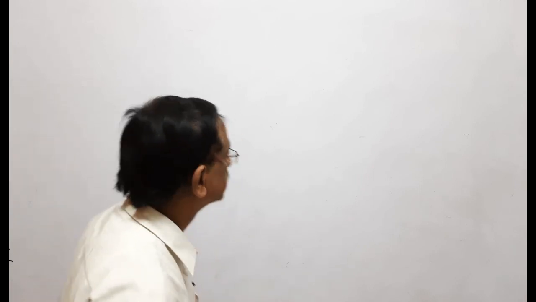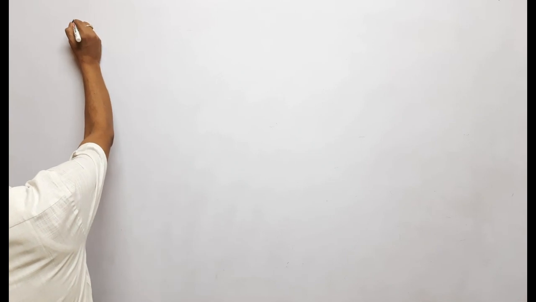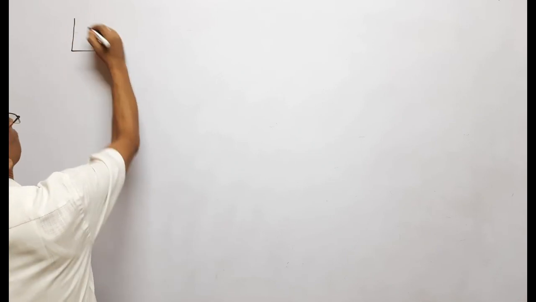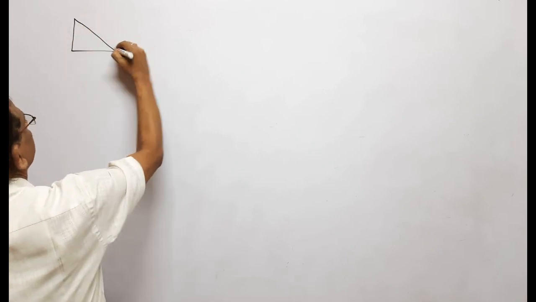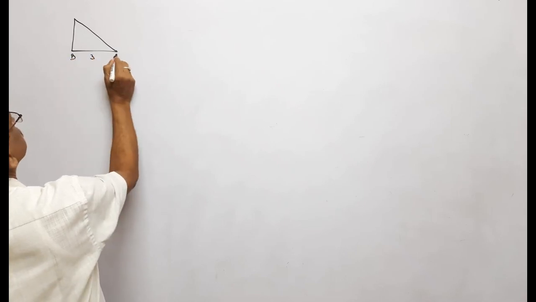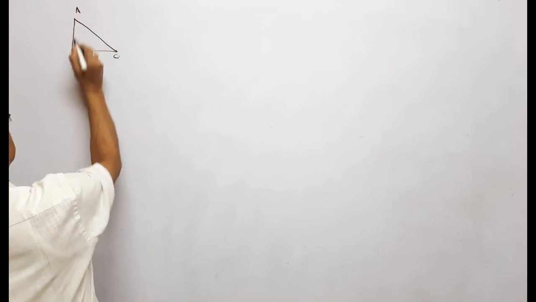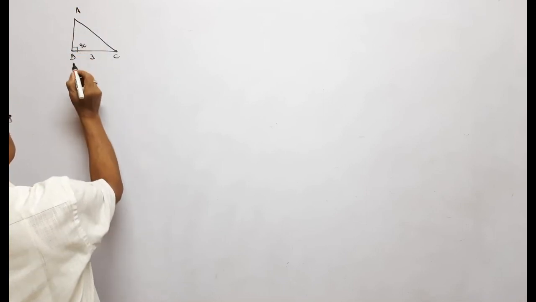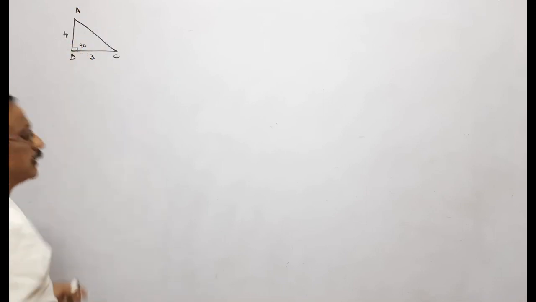So let us make a few observations about a particular triangle. This is a right angle triangle, BCA. This is 90 and this is 4.